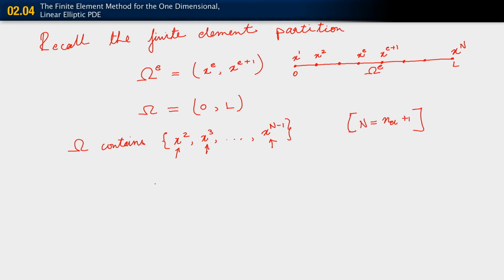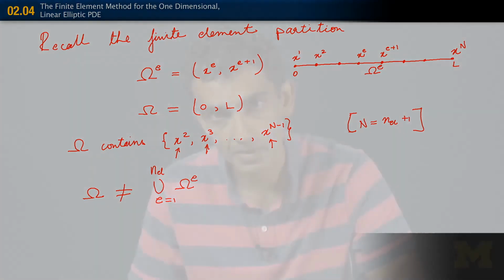In particular, what we can see clearly is that omega itself is not just the union over e of the omega e's. Okay, why is this? Because each omega e does not contain its own nodal points, whereas omega does contain the interior nodes.